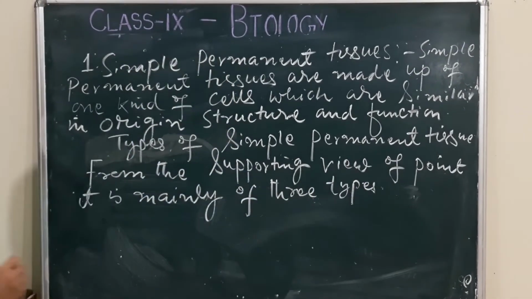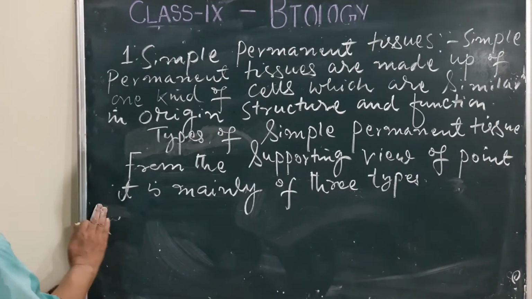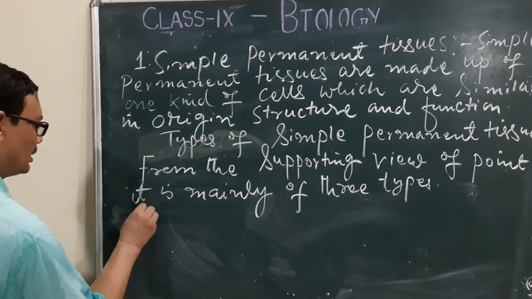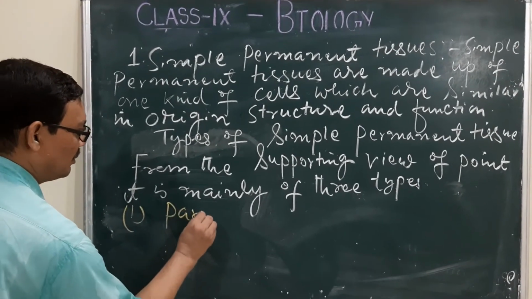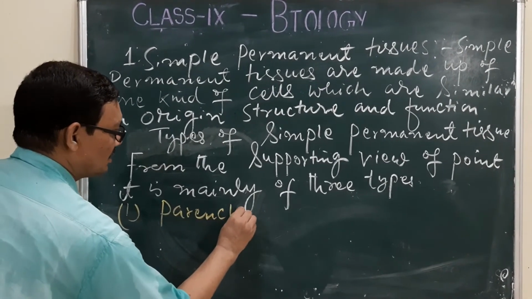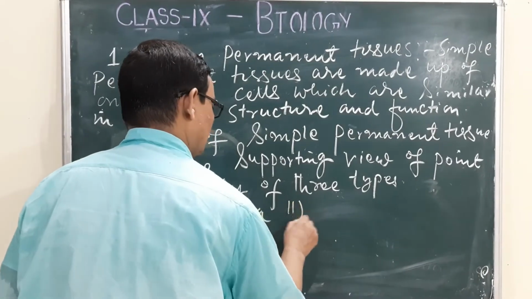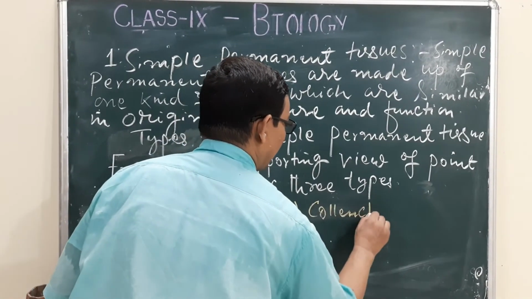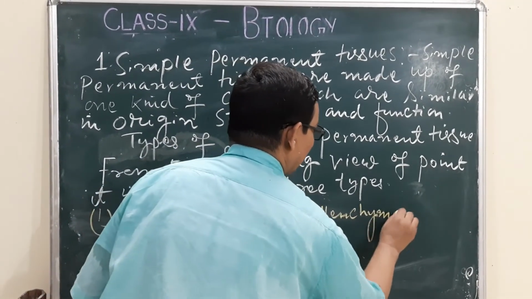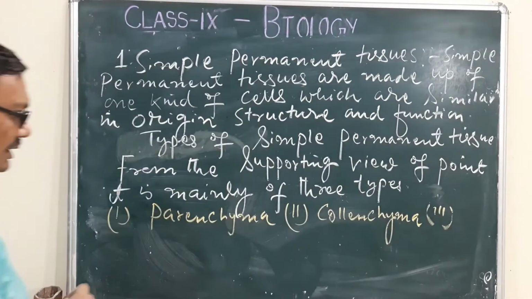What are these three types? Number one, parenchyma. Number 2, collenchyma. And number 3, sclerenchyma.